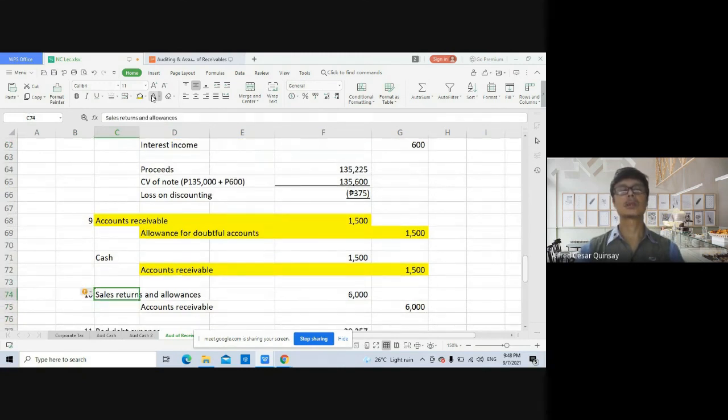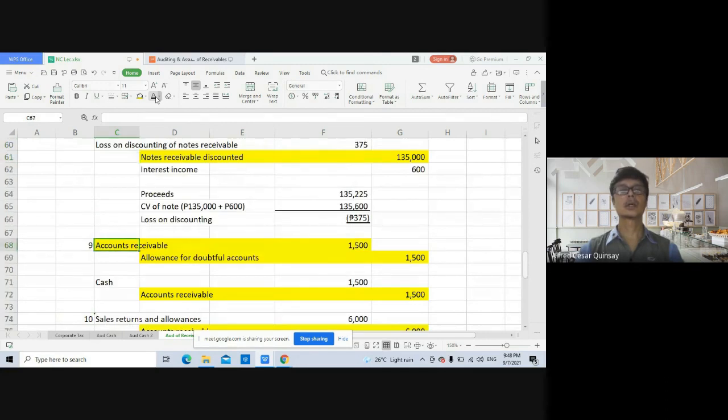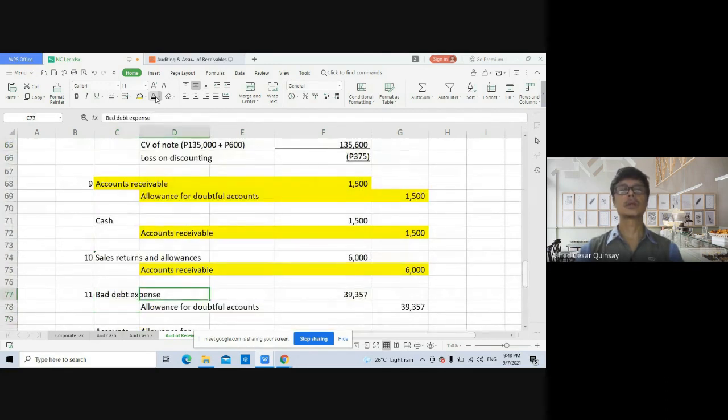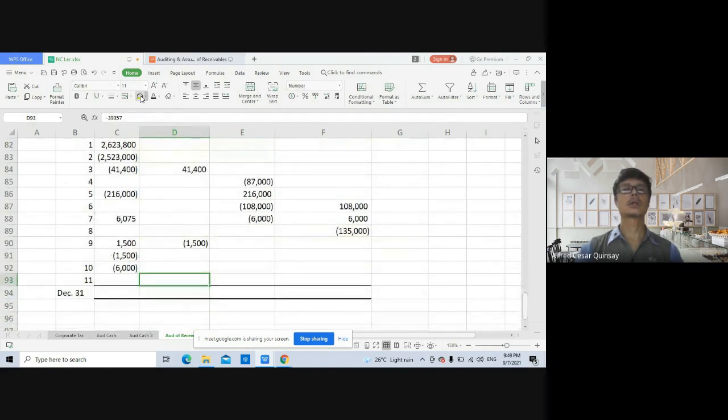And then another entry, ito sa allowance accounts receivable, there's a credit for 6,000. So we will have a credit here for 6,000 deduction. And then last, so credit for allowance for doubtful accounts, that would be 39,357. Okay, so after considering those, we can now add.